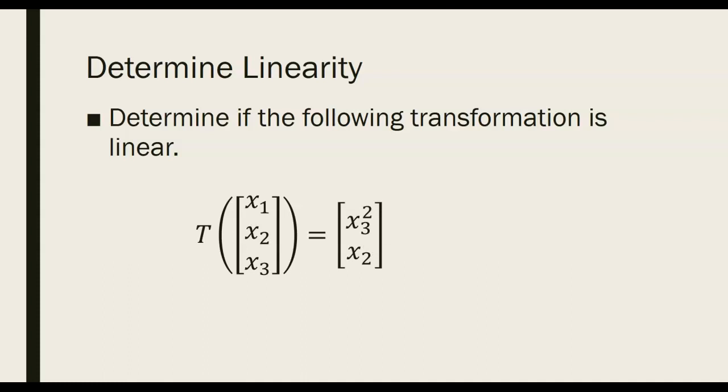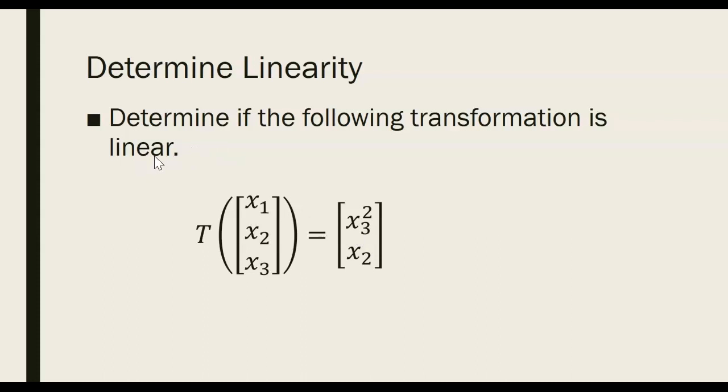Now let's go to this one. We're going to determine if the following transformation is linear. Once you look at this transformation and you understand what the word linear actually means, red flags should go off when you square something, right?